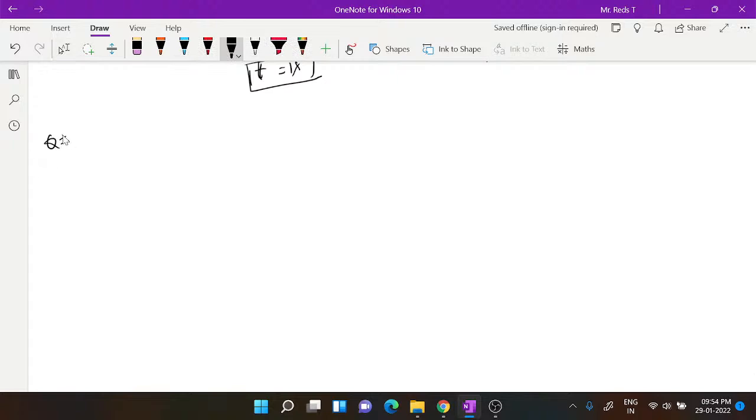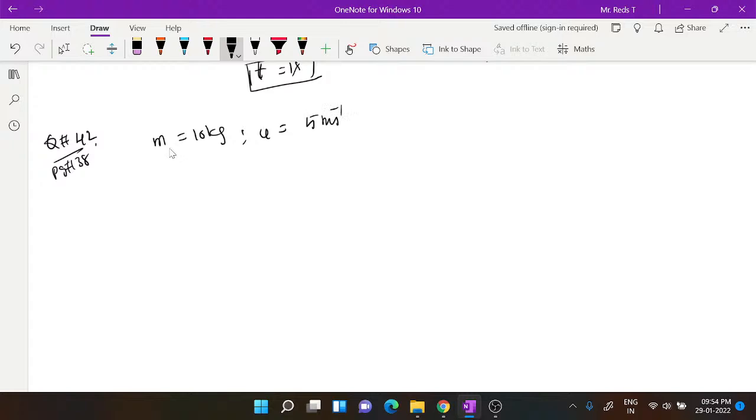Question number 42, page number 38. A body of mass 10 kg, moving with the velocity u equal to 5 meters per second, and there is another body also.